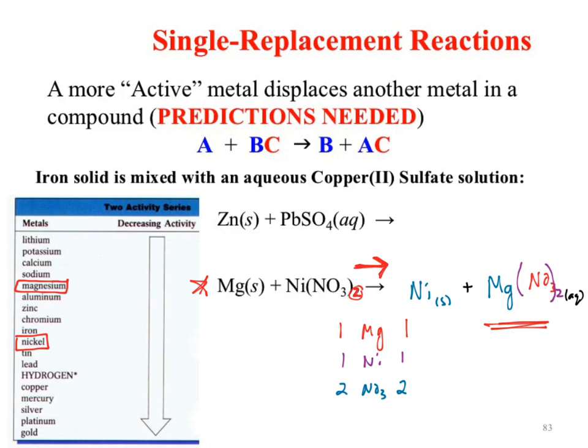Right-hand side, guess what happens? We get the right-hand side. So either way we interpret, either looking at the more active or the less active, we still draw the same conclusion: this reaction should progress forwards. Does that make sense? Is that a yes? Okay.